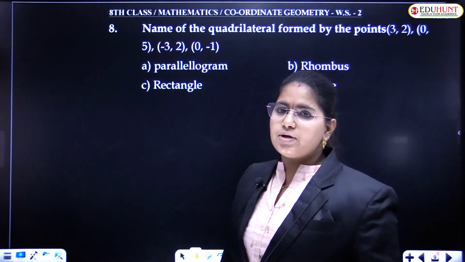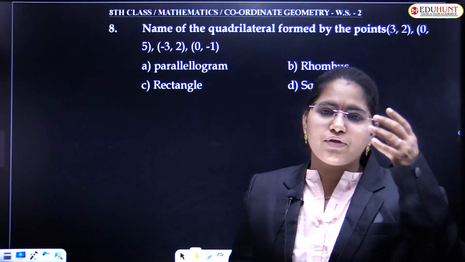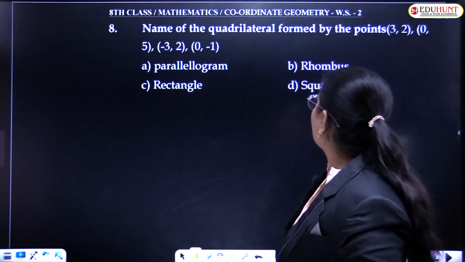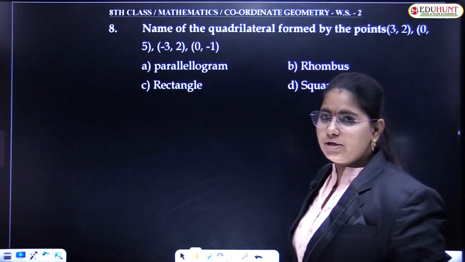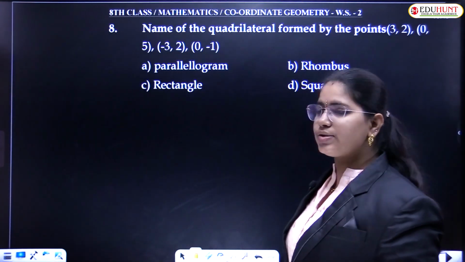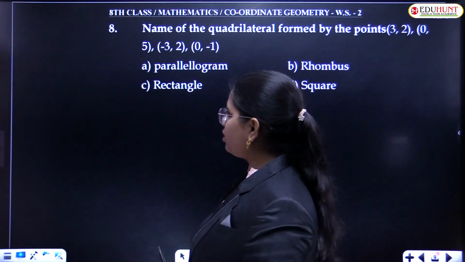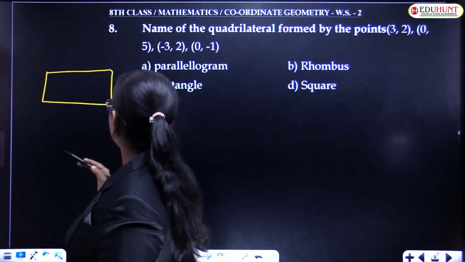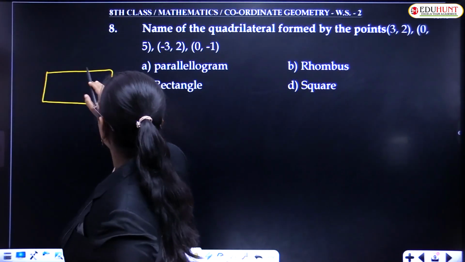What is my next question? Name the quadrilateral formed by the points 3, 2; 0, 5; minus 3, 2; 0, minus 1. So let's draw the diagram, any four-sided figure.